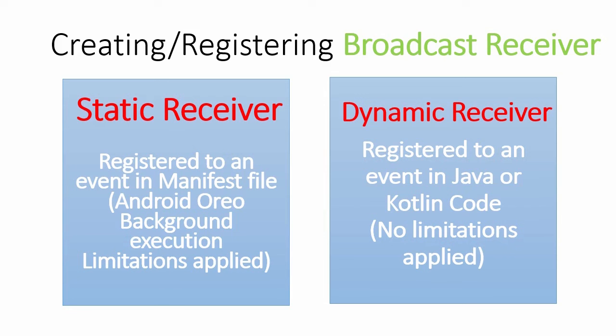That we mostly use in the static receiver, though not every time. A dynamic receiver is one which we create and register in Java or Kotlin code. Like when my activity is started, it should get registered, or when my activity is destroyed, it should get unregistered. That we use with a dynamic receiver, and to use a static receiver it should be declared in the manifest file.